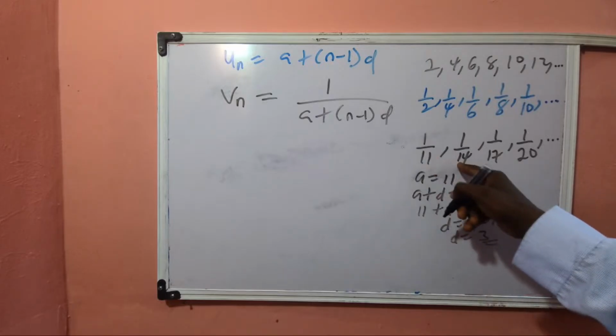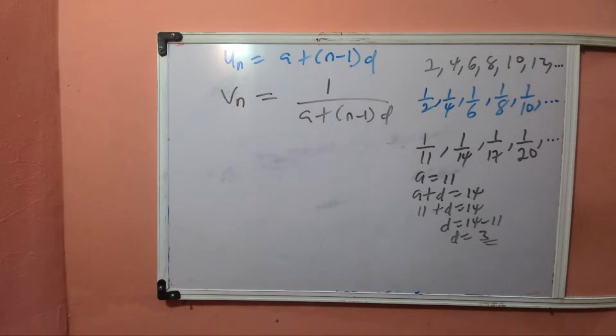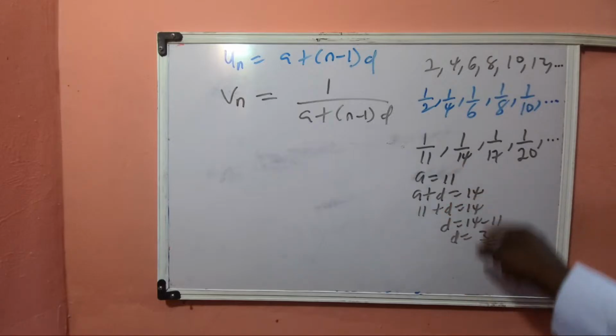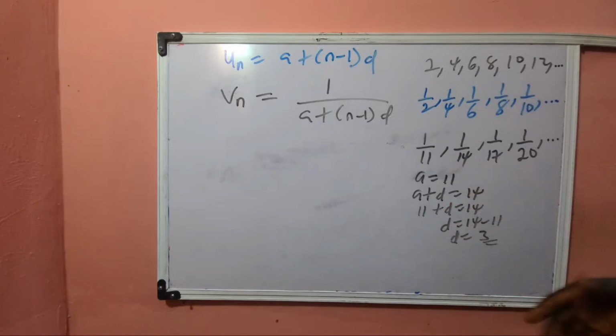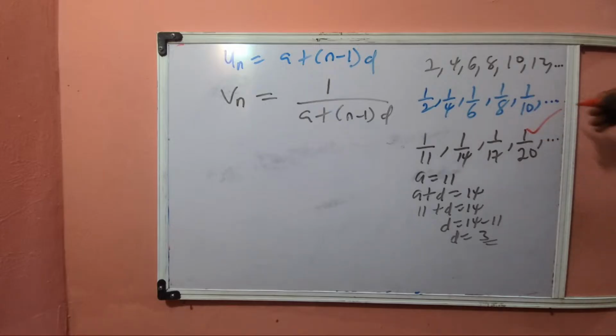So the difference between these terms was 3. Could we establish that 3 on every one of the terms? Go on and check. 11 plus 3, 14. 14 plus 3, 17. 17 plus 3, 20. Perfect. This is a harmonic sequence, because we have been able to establish that the denominator follows the pattern of an arithmetic progression.